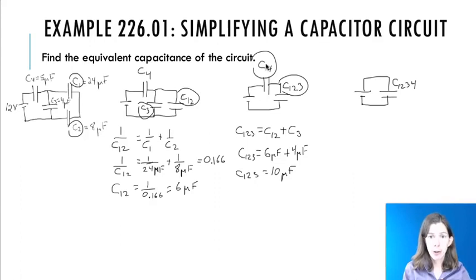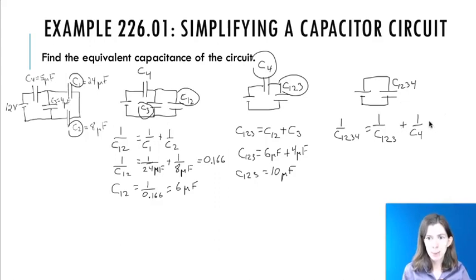So the two capacitors were in series. To simplify in series, we use the 1 over equation. It's going to be 1 over C1234 equals 1 over C123 plus 1 over C4. Hopefully you see the pattern of how it works. We ended up simplifying in series and then parallel and then series again. Plug in the numbers.